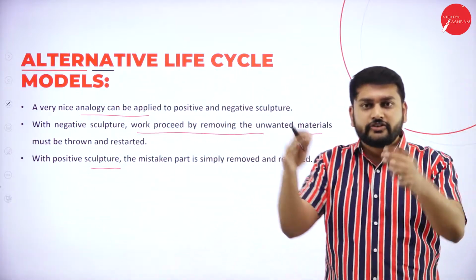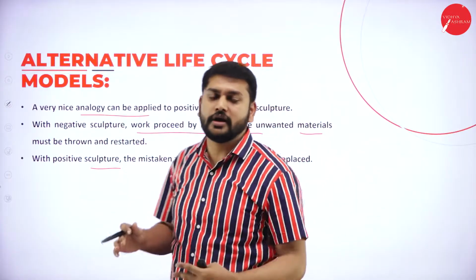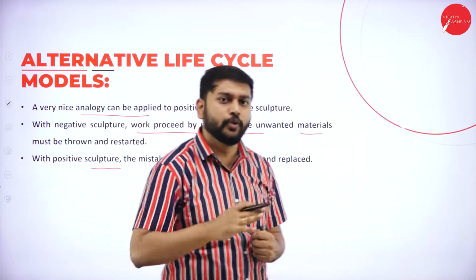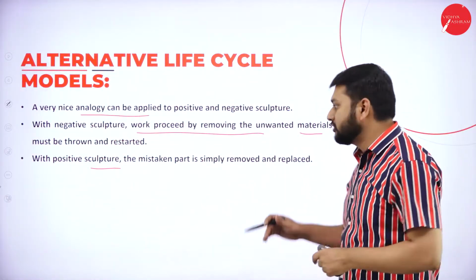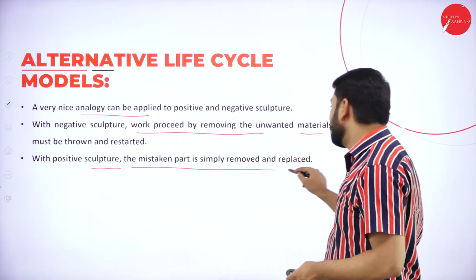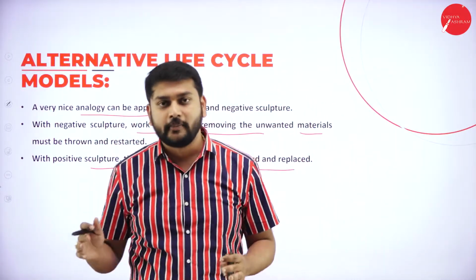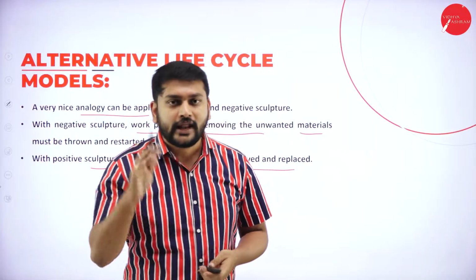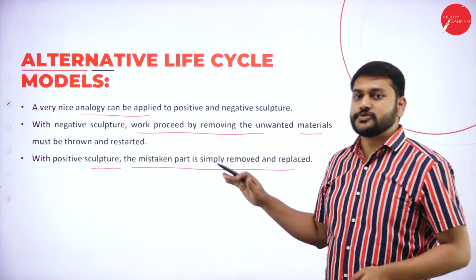They will include everything, and once they understand that something is not required for that particular system, they start removing it. That is the negative sculpture. But when it comes to the positive sculpture, please remember, only the mistake parts are simply removed and replaced. There is a huge difference between the negative sculpture and the positive sculpture.